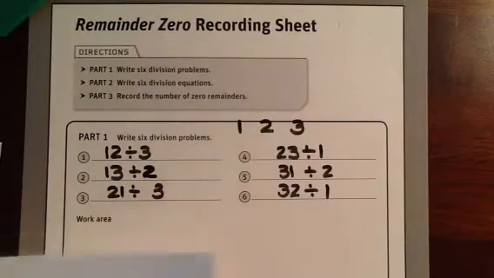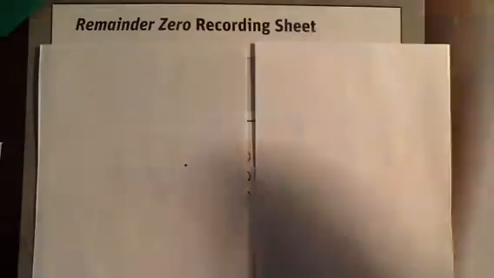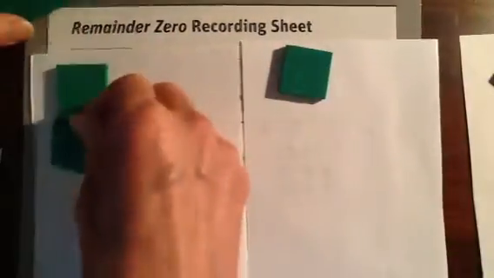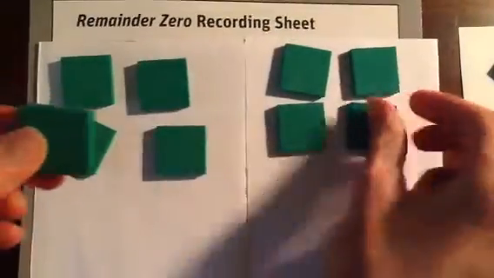So I'm going to put out my paper, 3 groups, 1, 2, 3, and I'm going to do 12 tiles. 1, 2, 3, 4, 5, 6, 7, 8, 9, 10, 11, 12.